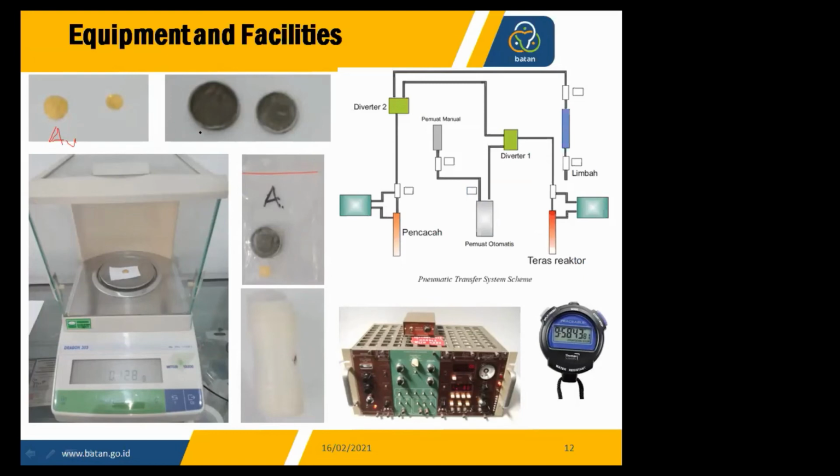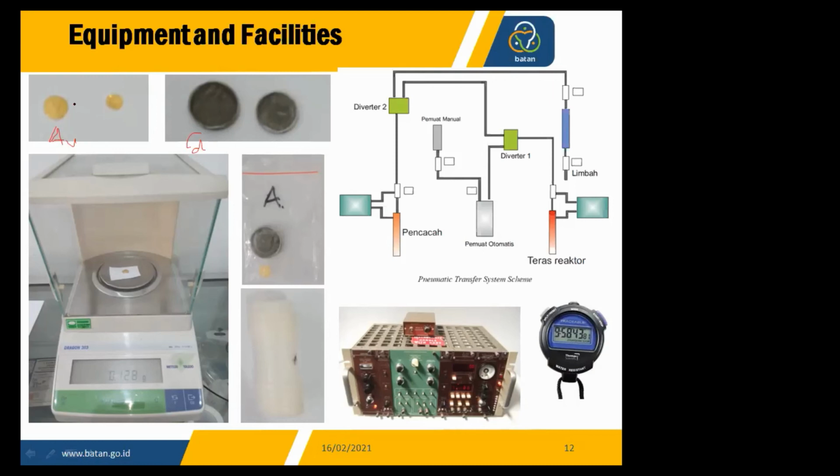Next, we use cadmium. This is the cadmium cover, a cadmium wrap, whose function is to separate the neutron energy. Because if we wrap and unwrap the aurum foil, the different energy neutrons can be calculated.